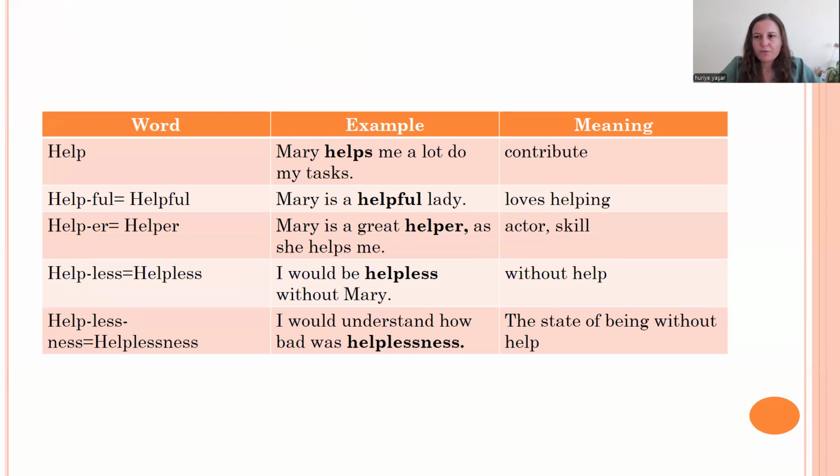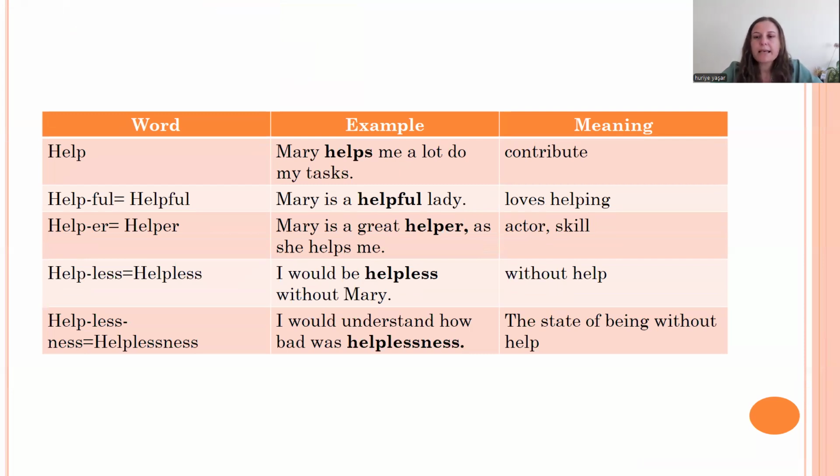And do you remember the word help? We said it was a root word. Now we are going to add some suffixes and get new words from help. Help is a verb, and here is the example. Mary helps me a lot do my tasks. Now I understand that Mary is a helpful lady who likes helping people all the time.